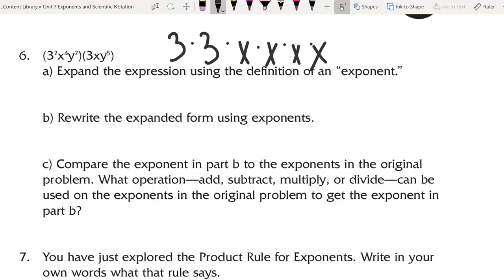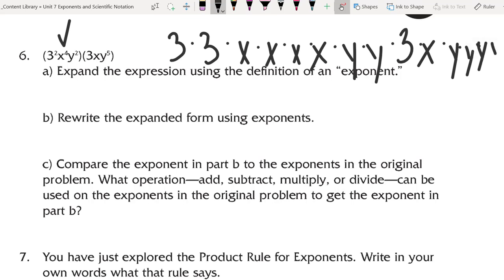Y to the second as y times y. So I just took care of that first little expression there. So then the second one in parentheses, I've got a 3, an x, and 5 y's. 1, 2, 3, 4, 5.